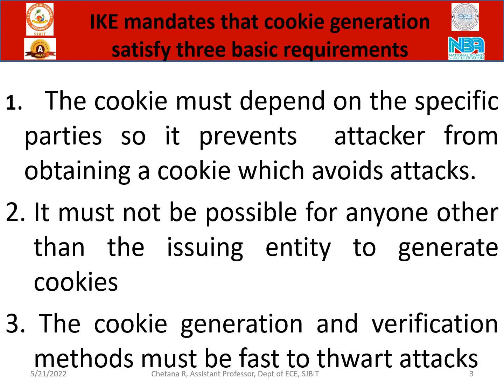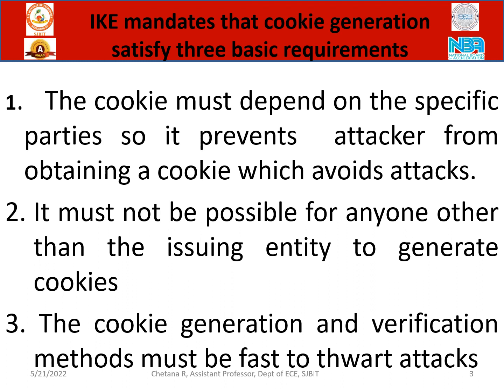It is mandatory to generate the cookies, and therefore three basic requirements are satisfied. The cookie must depend on the specific parties, so it prevents an attacker from obtaining a cookie, which avoids attacks. Once you accept a cookie, you are a legal person; if you are not accepting cookies, you are illegal. It must not be possible for anyone other than the issuing entity to generate cookies.